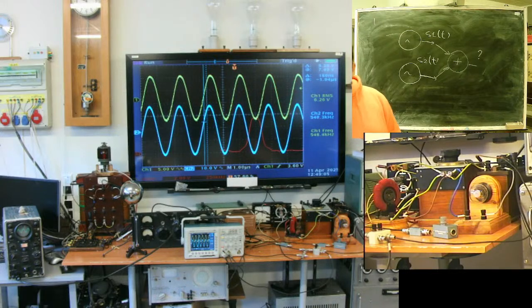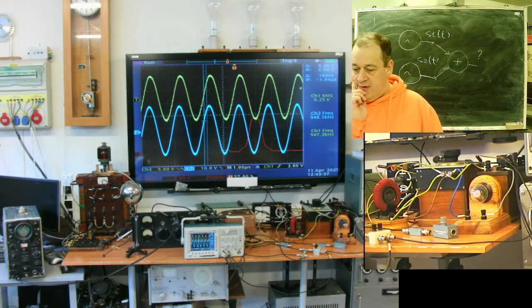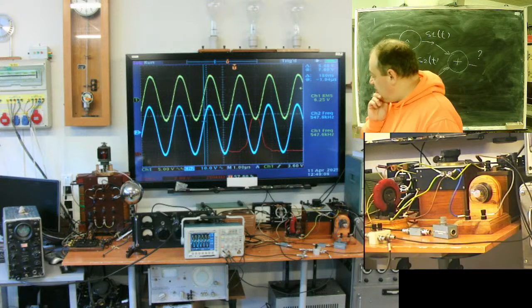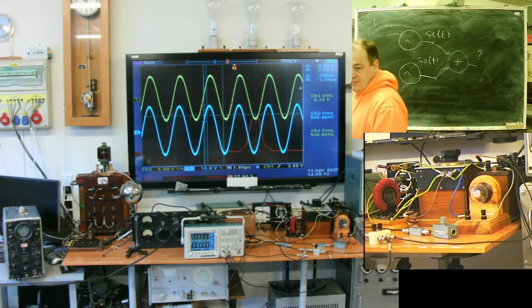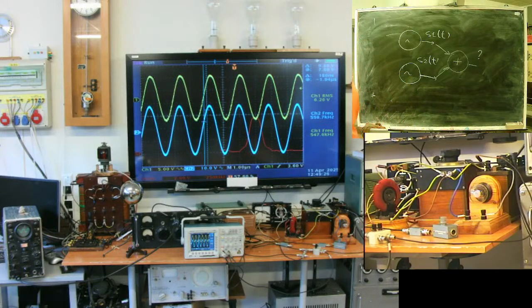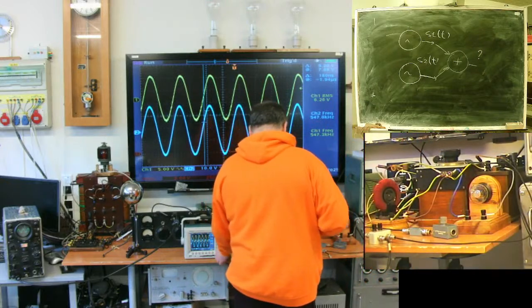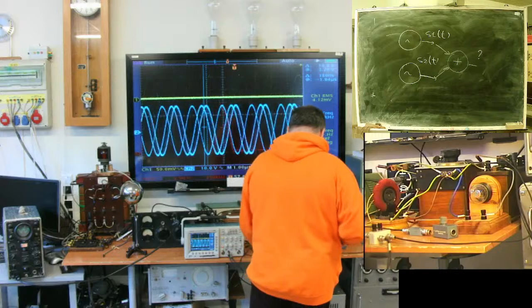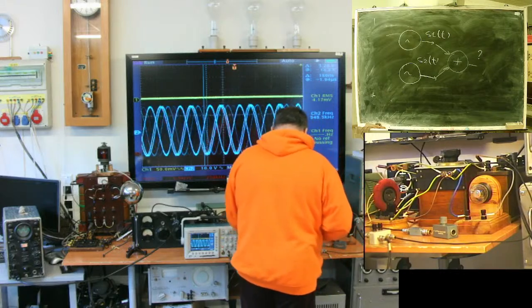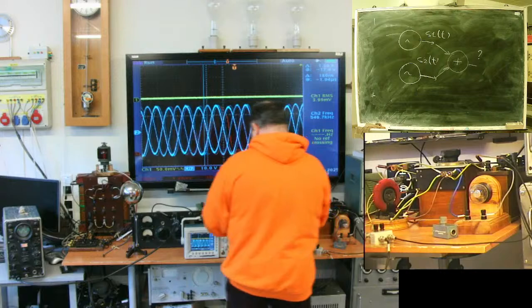It's kind of bad magic, isn't it? How are the sound waves generated? What's going on? 547 and 547. What's going on? I need to switch my scope. Wait a second, I will switch to another point. I think this one.